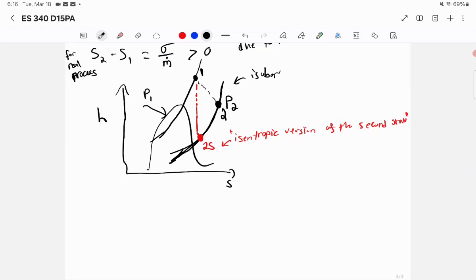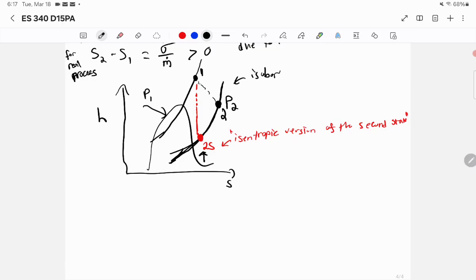So the idea is that if I had stayed at constant entropy, 2S is what I would have found. If I was going to the tables, I would take my value at S1, and that would be the entropy that I use for the isentropic value at 2S, and that pressure P2. So if you know P2, you'll be able to find 2S just fine because you already know S1 and you'll also know P2. The isentropic version of the second state has to have the same entropy as S1, right?